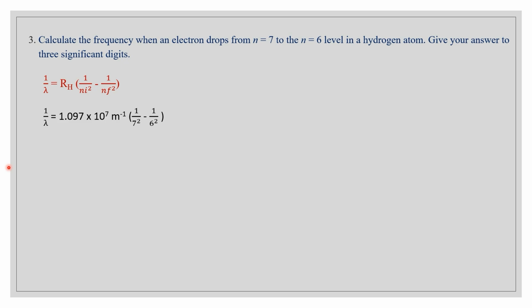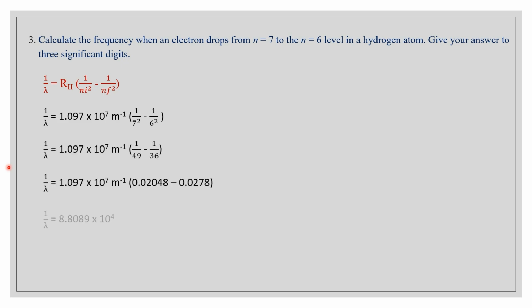Rydberg constant, initially 7, finally 6. So then 1 over lambda, and lambda is 1 over this number. It is 1.135 times 10 to the negative 5 meters, or after you multiply it by 10 to the power 9, it becomes nanometers: 1.135 times 10 to the power 4 nanometers.